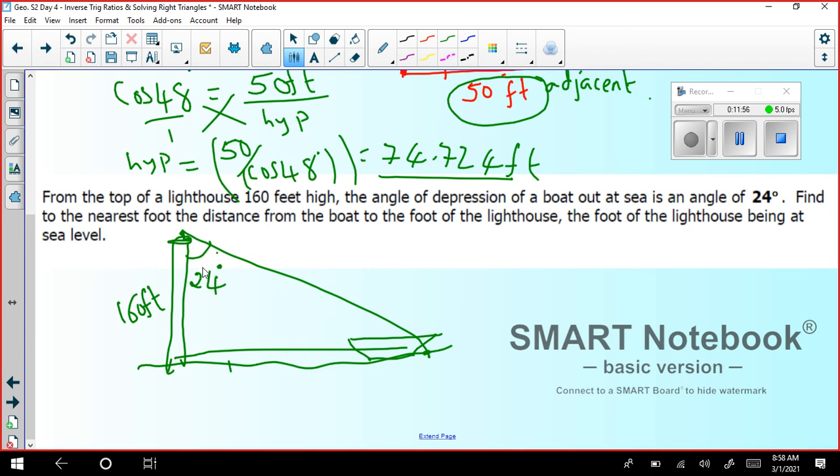So if this is 24 degrees, then this becomes the reference angle, and we have 90 degrees here, so this becomes the hypotenuse. And we have this to be opposite, and this is our adjacent.